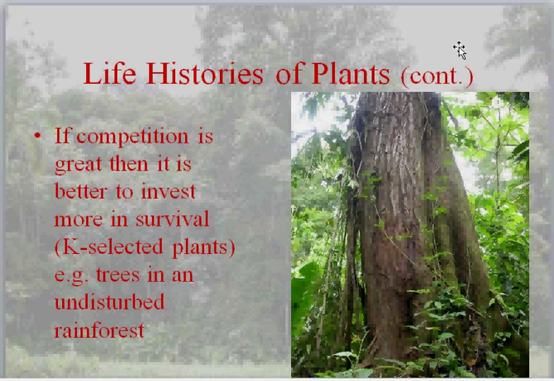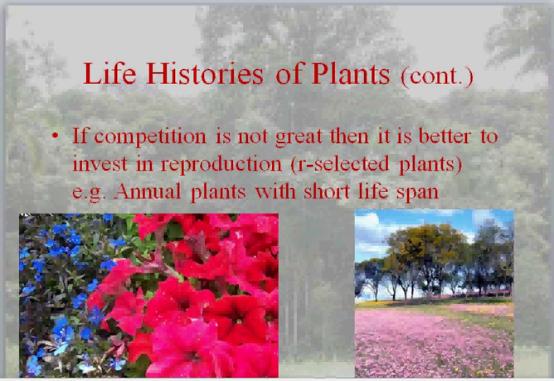And that brings us on to the next life history strategy, which is successful if competition is not very high in the ecosystem. So if the ecosystem has abundant resources available, but there aren't many plants, or there isn't enough biomass in the plants to compete for those resources, so there's a lot of resources available, then it is better for the plant to invest in reproduction as quickly as possible.